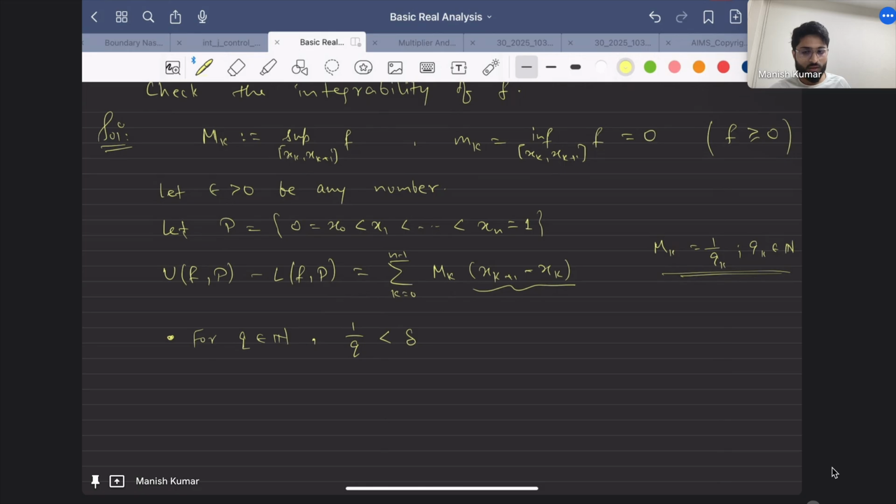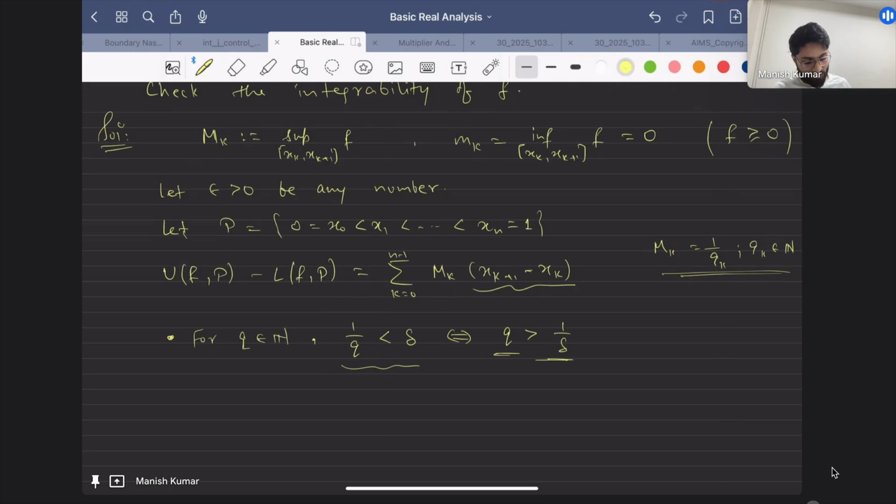This is possible if and only if q is greater than 1 by delta. Am I right? Correct. So this quantity can be made less than delta if q is greater than or equal to 1 by delta.